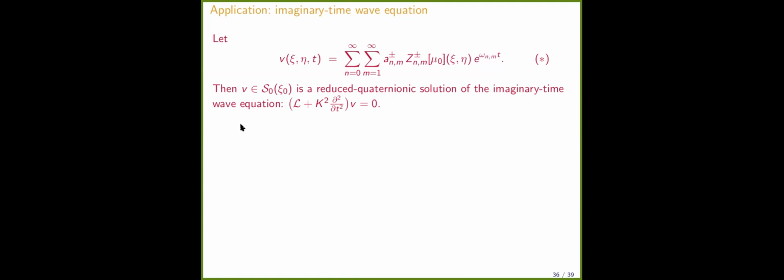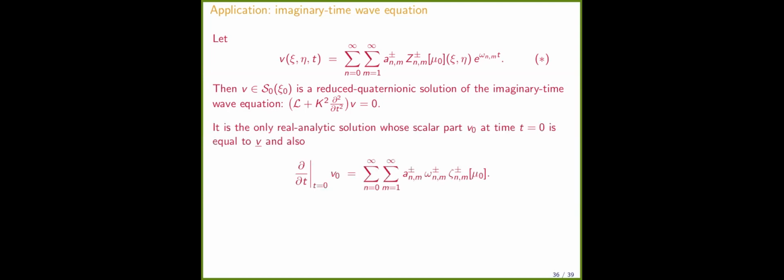This we can call the imaginary time quaternionic valued wave function. This is a reduced quaternionic solution of the imaginary time wave equation. Not only that, it's the only real analytic solution whose scalar part at time 0 is precisely the boundary values that we prescribed, and its time derivative is what you get when you take the time derivative of this at time 0.